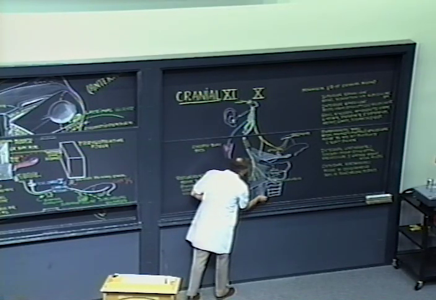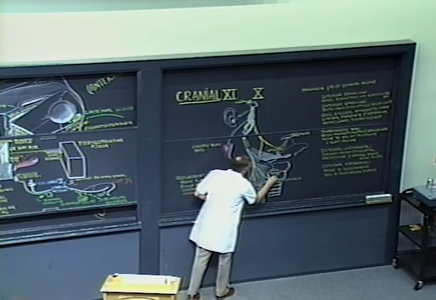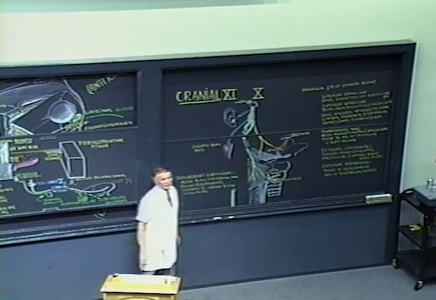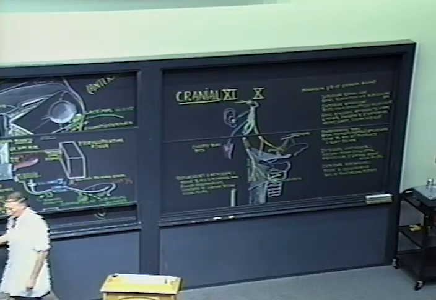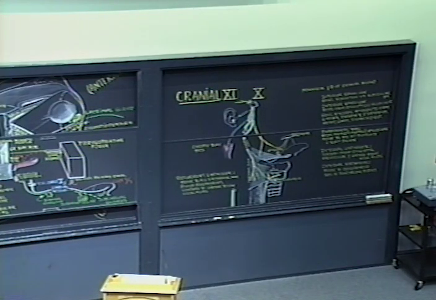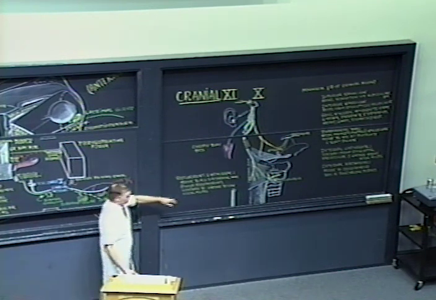And the recurrent laryngeal nerve then enters the larynx internally and provides motor supply to every laryngeal muscle that you can think of except the cricothyroid, which you've already taken care of.